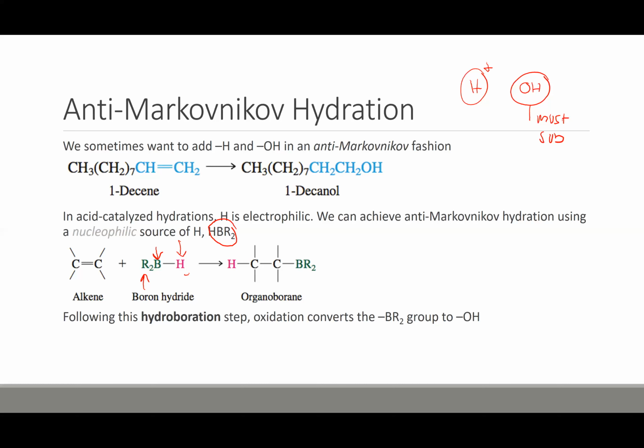So during an anti-Markovnikov hydration, during this hydroboration reaction, we add on the BR2 group separate from the hydrogen group, and they add on in a syn fashion, where the hydrogen is connected to the most substituted carbon, and the B adds on to the least substituted carbon.